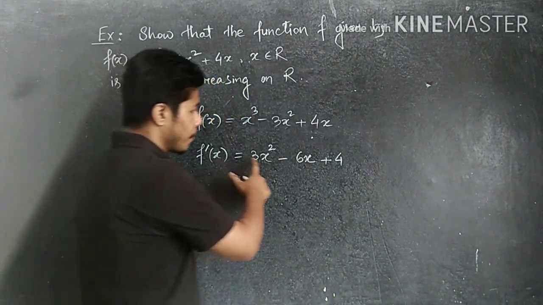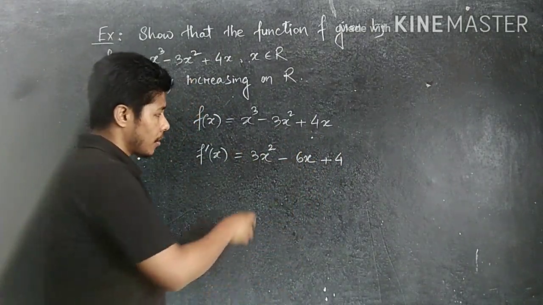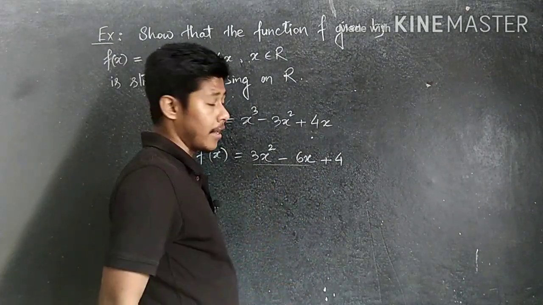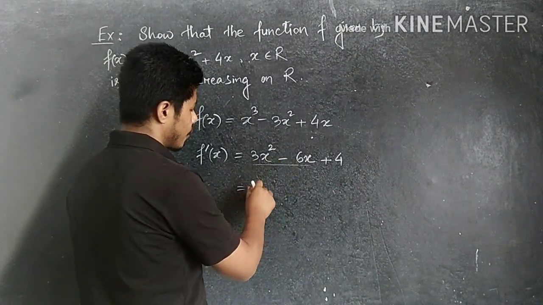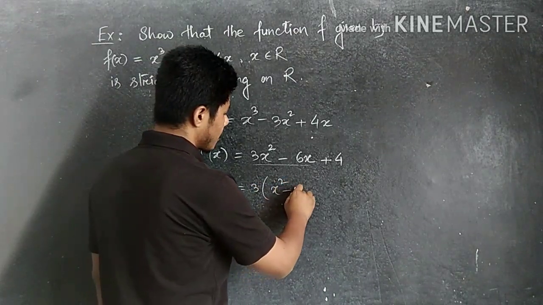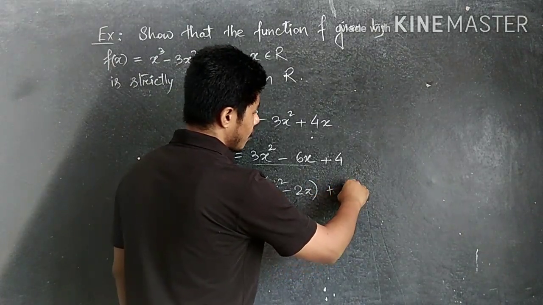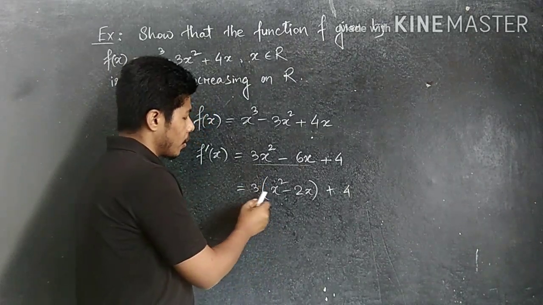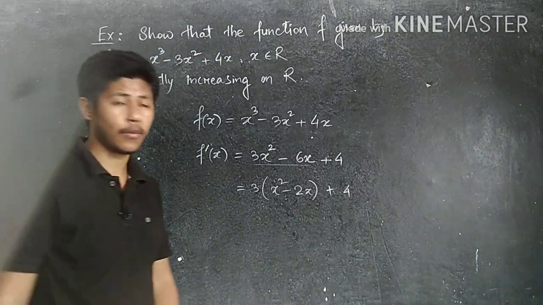So first of all, let's rearrange this result and see how we can prove it. Now if you take these two, 3x square and 6x, what is common? Obviously 3 is common, so if we take 3 common here, what will remain here? x square minus 2x. And we separate the 4 here. So if you take 3 common, then here x square remains, here 6x gives x square minus 2x remain.